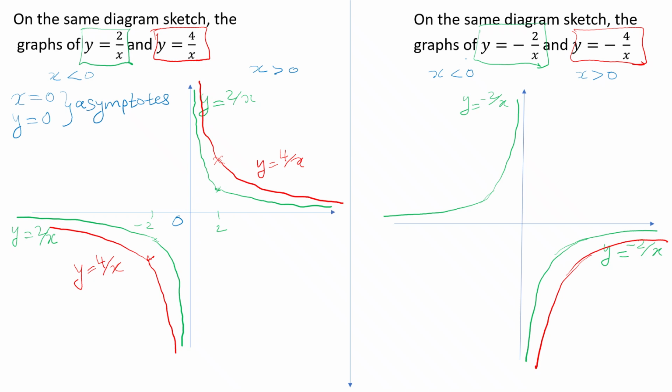When x is negative, y is positive, but the y coordinate is double the previous one. So the graph is outside the green line. This is y equals negative 4 over x.